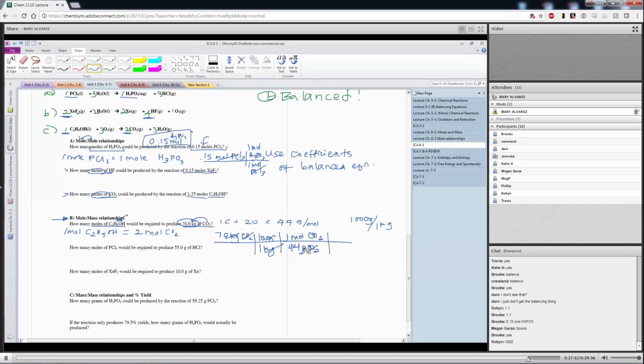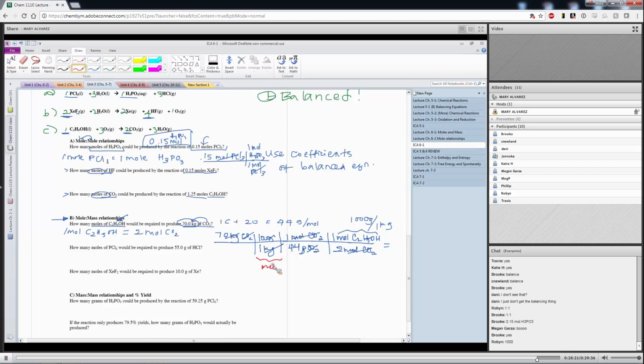All right, now we're at moles of CO2 and we want moles of C2H5OH, so we're going to plug this in here. 2 moles of CO2 for every 1 mole of C2H5OH. And if I do that, I should be left with just moles of C2H5OH. Okay. I want you guys to note, this is metric conversion.